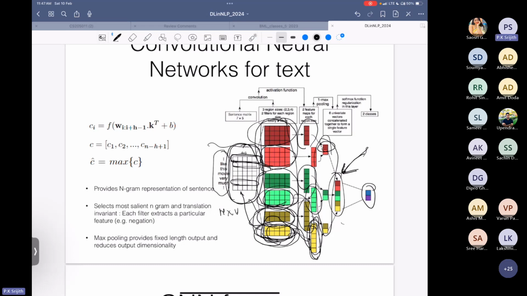So at that time, it only looks at a subsequence of length 3. It cannot look beyond that to extract something out of it.